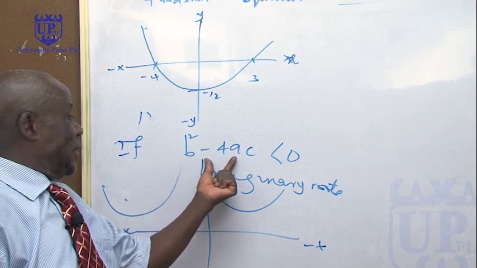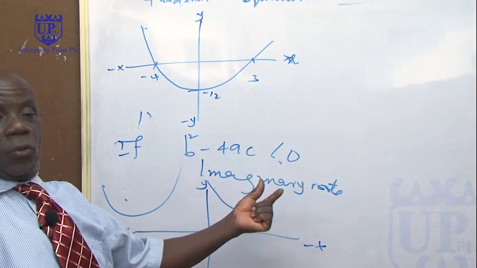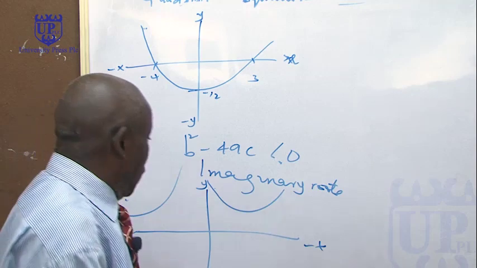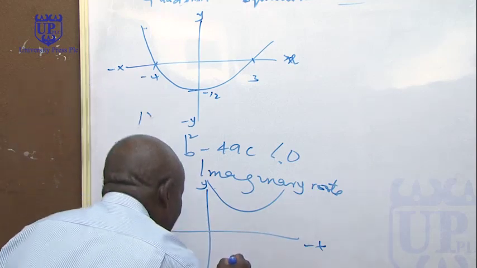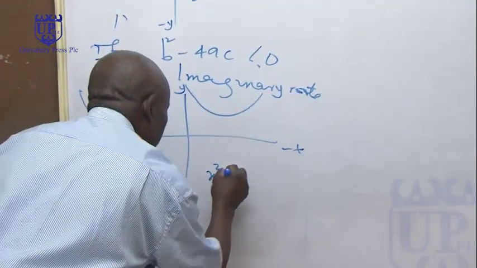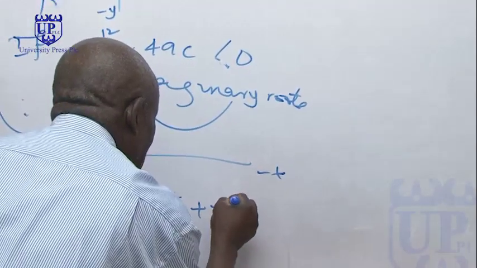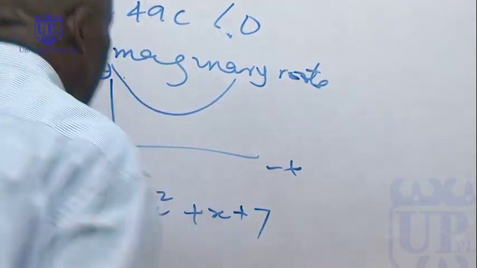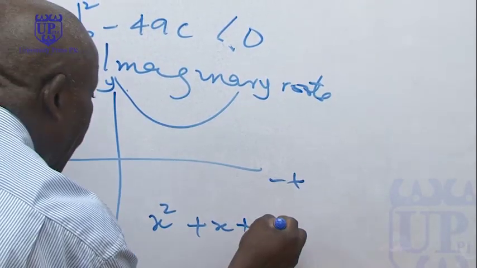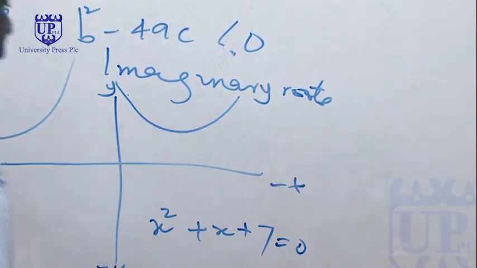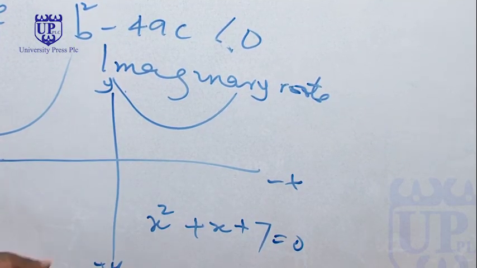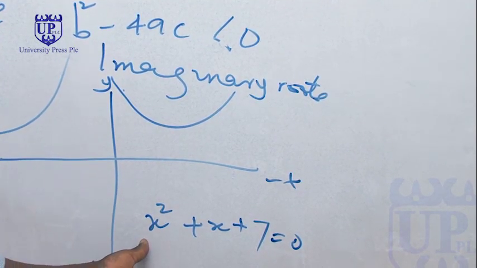I will give you an example. When the discriminant is negative, that is less than 0, for example, let's say you have x squared plus x plus 7 equals 0. If you are a magician, you can't solve this equation.